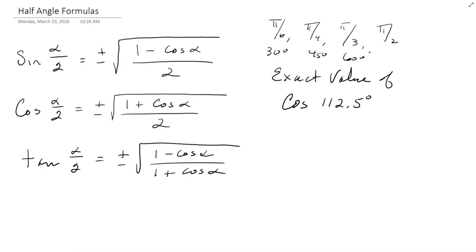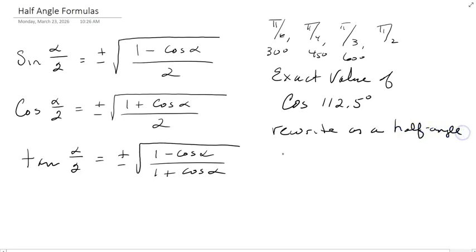But, instead of taking the cosine of 112.5, can I rewrite it as a half angle? So wouldn't that be the same as, if I double 112.5, I get 225 degrees over 2. In other words, rewrite 112.5 as 225 over 2. Now, how does that help me?